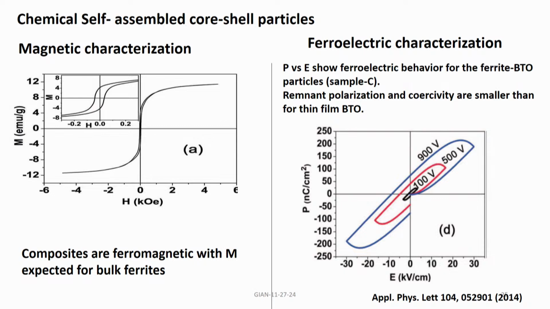And once again, the polarization is on the scale of nanocoulomb. It's much smaller than the barium titanate film or bulk material. So the piezoelectric effect is very weak in these nanoparticles of barium titanate.